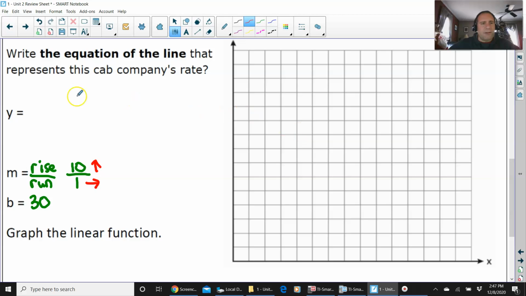All right, so here we go. We're going to put the equation of this line together. The slope is 10, the y-intercept is 30. Y equals mx plus b. 10x plus 30. Now it says graph the function.